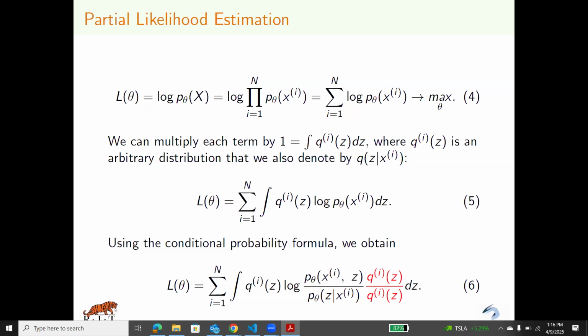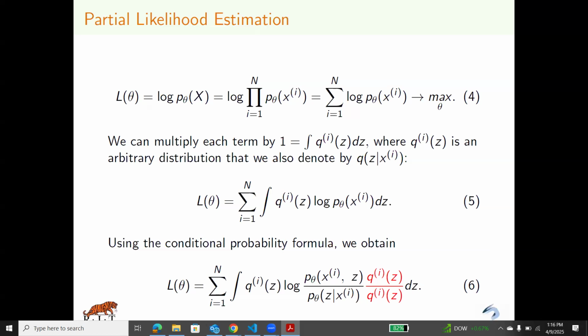But we want to estimate joint distribution, probability of X and Z. Because we can observe only input images, for example, we will work with probability of the input x.